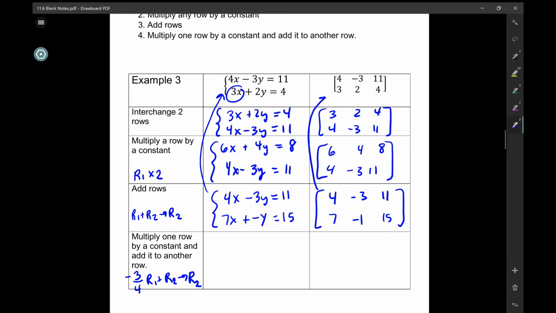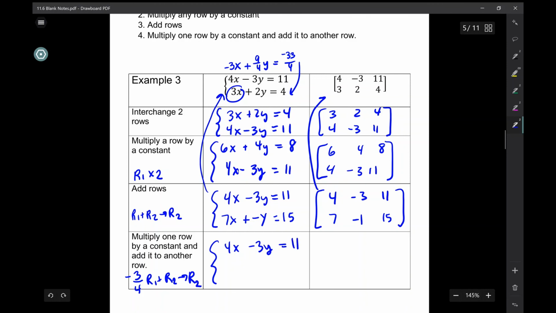So negative 3/4 times row 1 would be negative 3/4 times x is negative 3x, plus negative 3/4 times negative 3 is 9/4 y, equals negative 3/4 times 11 is negative 33/4. And now we're going to add this to row 2. So this guy is still the same.